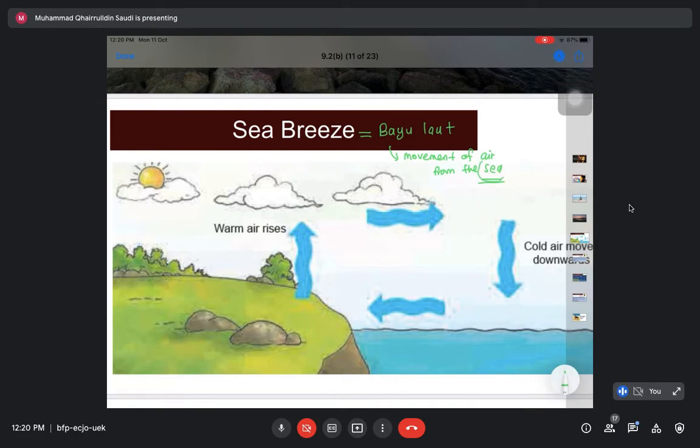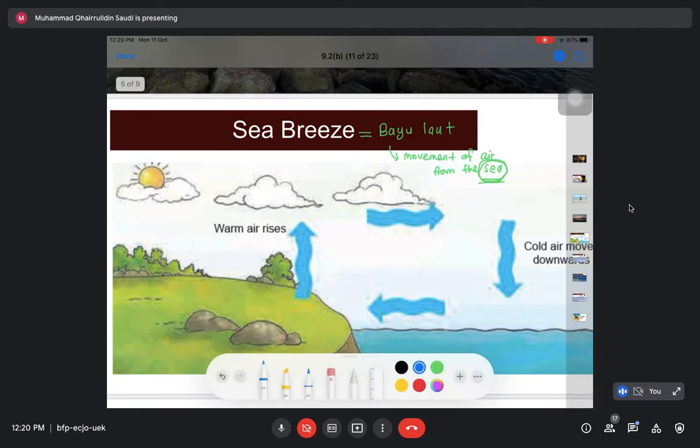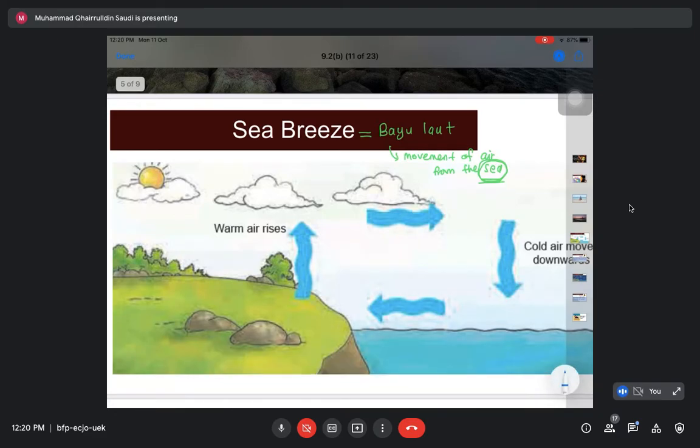Okay, now we will see kenapa angin daripada laut pergi ke darat. Okay, that is what we are going to learn. Kenapa berlaku pergerakan itu? Kenapa angin itu bergerak? Okay. The air move because the heat is being transferred. Can you recall what is the type of heat transfer in this example?